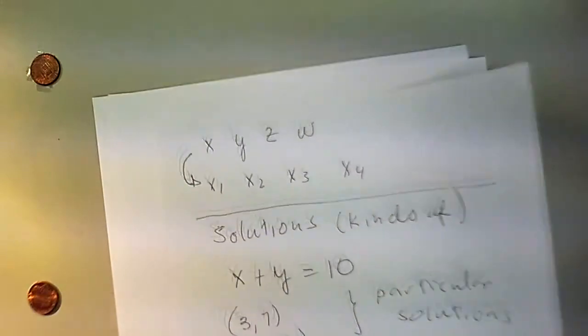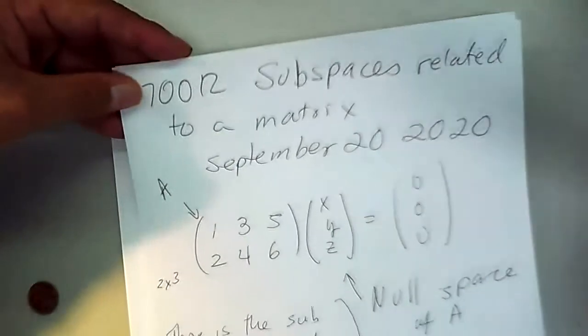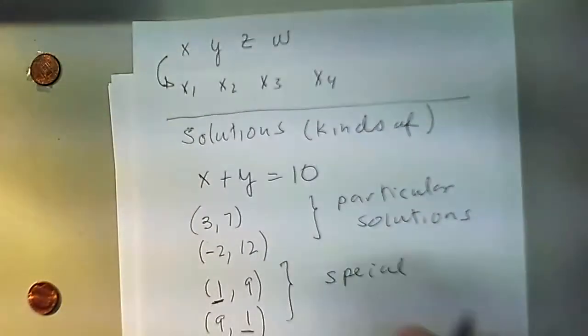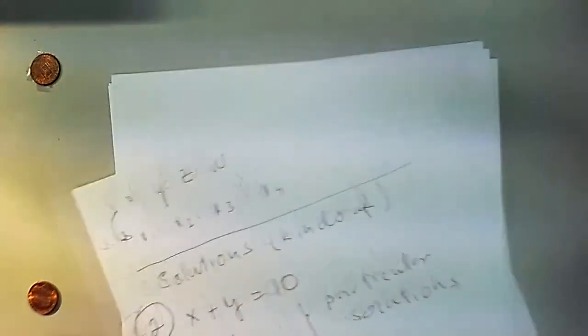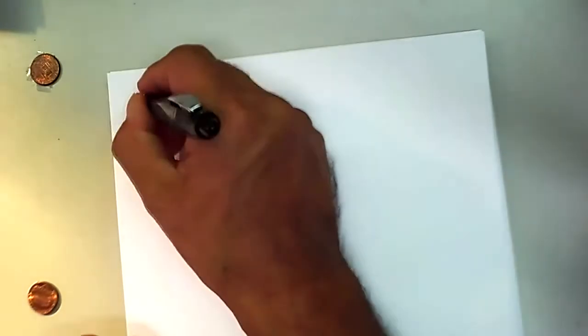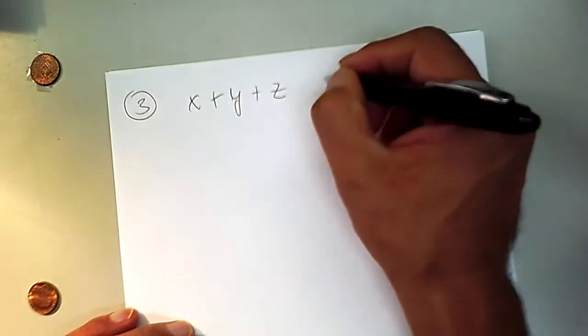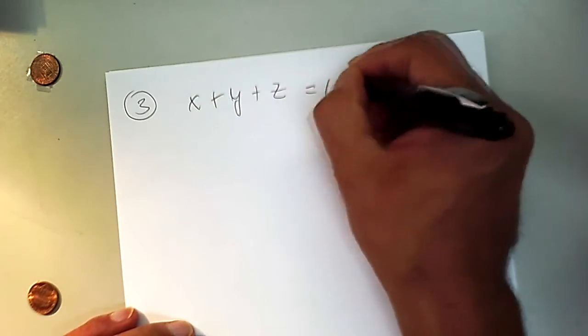But let's go farther on this. Let's say we have an equation. Let's label that as example. This is our example 1, even though we're going to come back to it. This is our example 2. I don't think I'm going to come back to example 2. Example 3, x plus y plus z is equal to 10.